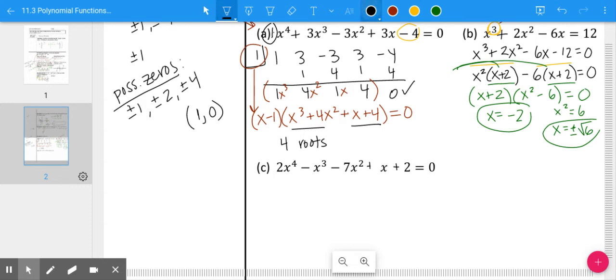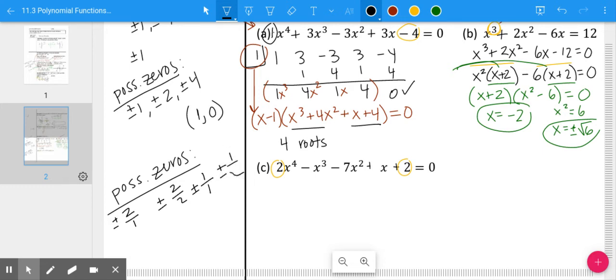So we're going to start by finding possible zeros. Again, to find the possible zeros, you are going to look at all ratios of factors of 2 over factors of 2. So I could have 2 over 1, 2 over 2, 1 over 1, or 1 over 2.